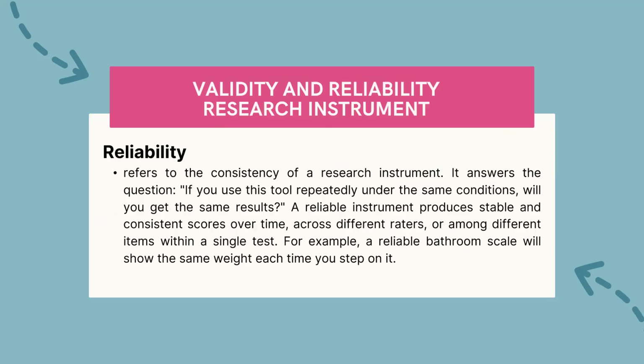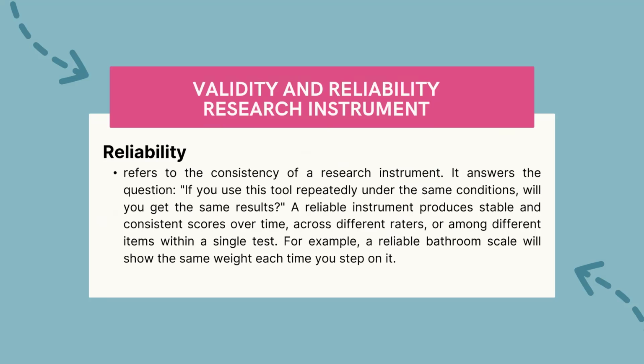Say, for example, you are using an adapted questionnaire. If that questionnaire will be used again by another researcher, will it get the same result? So that is reliability. A reliable instrument produces stable and consistent scores over time, across different raters, or among different items within a single test.